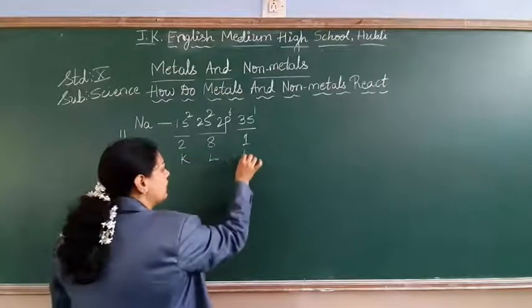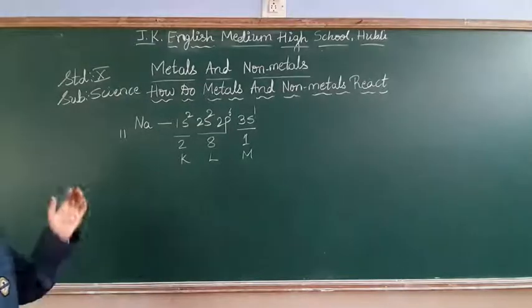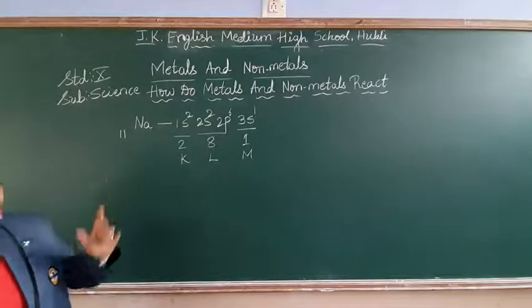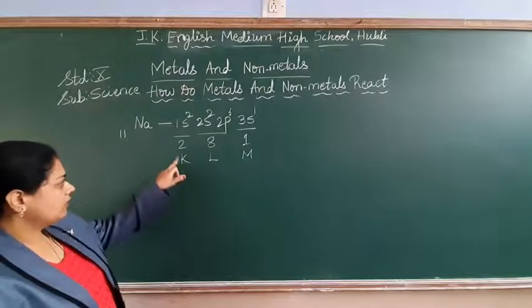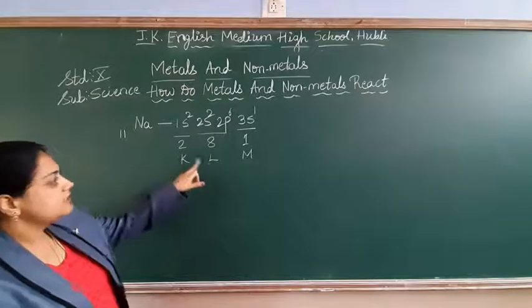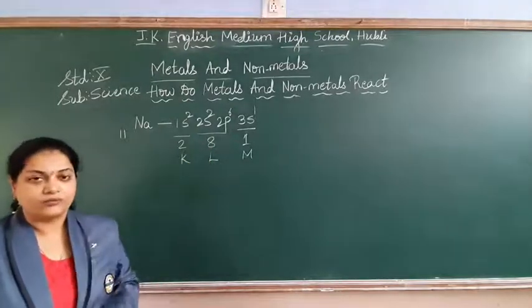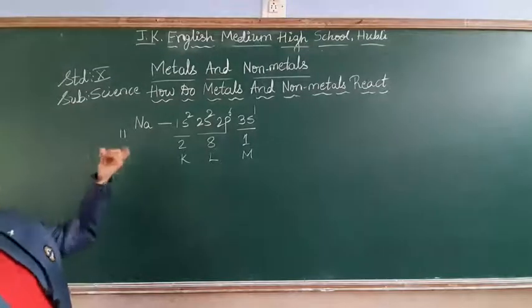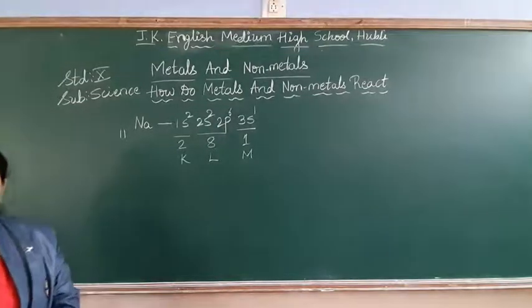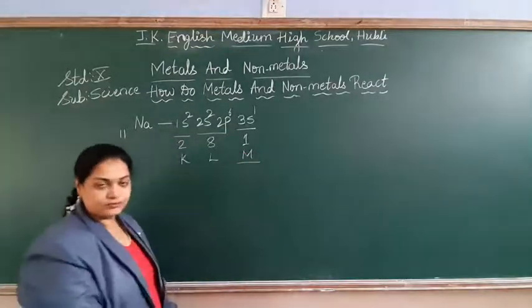K, L, M. The first shell we will call K shell, second L, third M. So the first shell K has 2 electrons, second has 8, third has 1 electron.